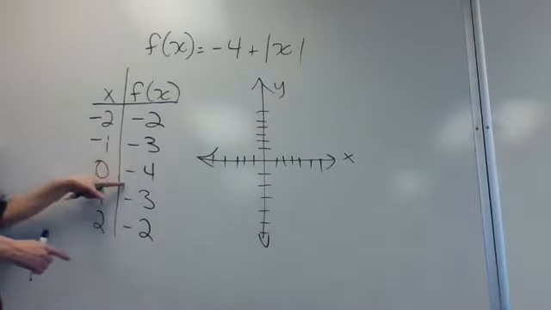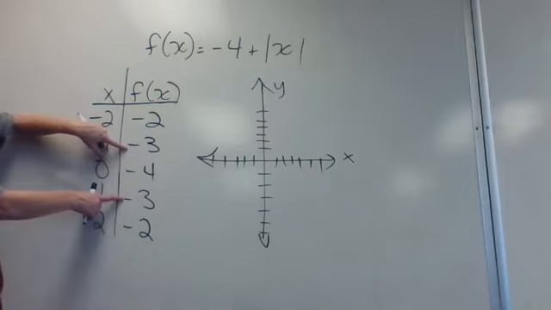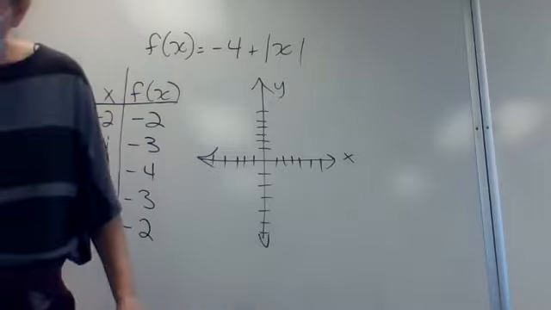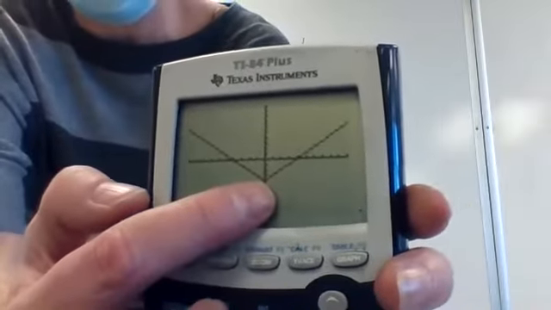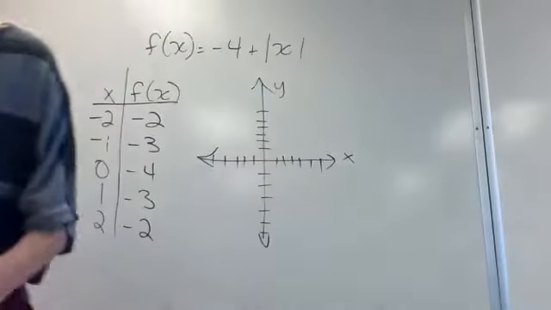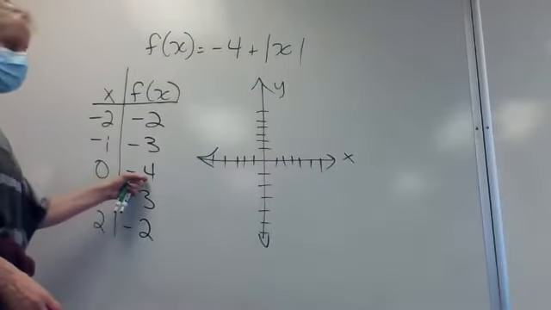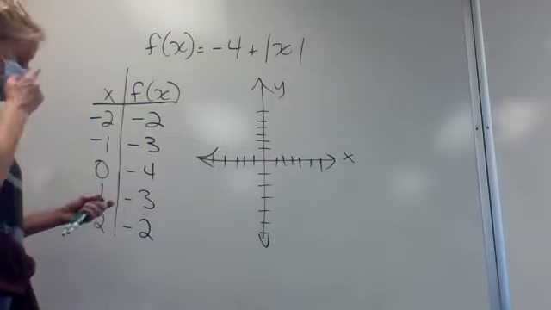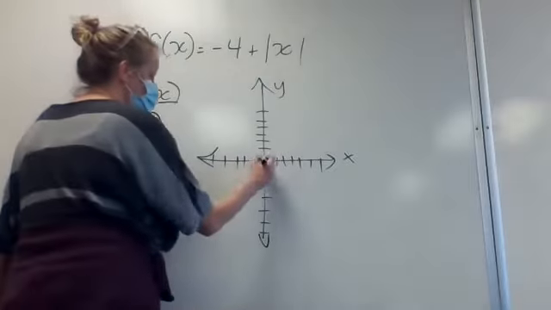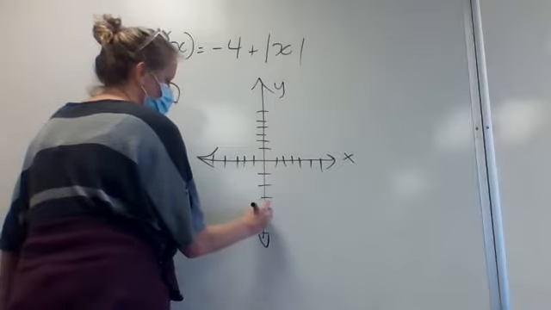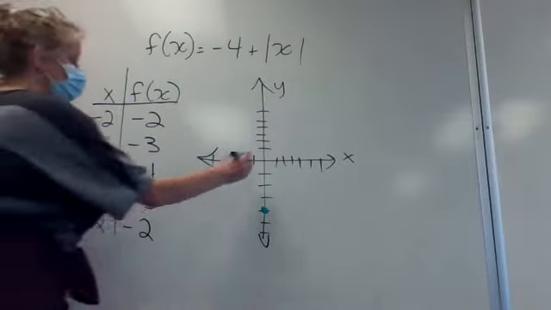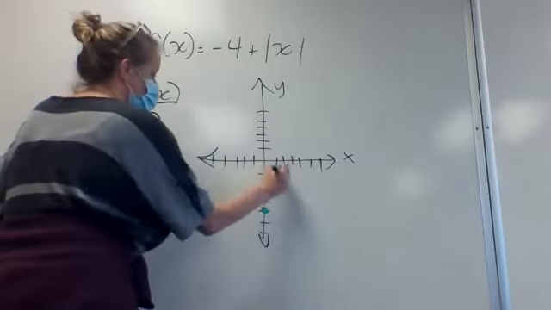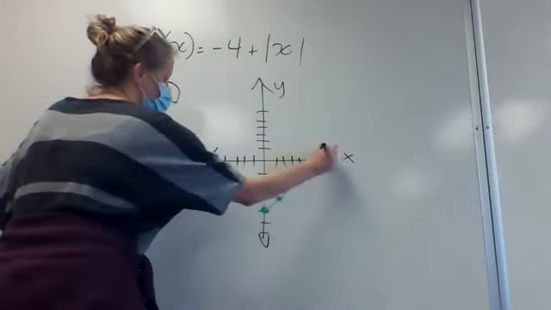It's the point that's in between where they start mirroring each other. You can look at the picture in your graph and see that it's the point where x is 0 and y is -4. So that's the point you're going to plot first. 0, -4. And then on either side of that, -1, -3, and +1, -3.